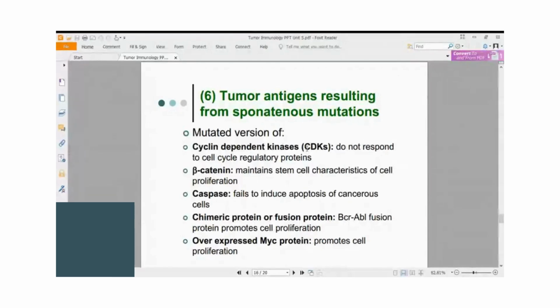I think you have done it in cell and developmental biology. These cyclin-dependent kinases regulate the cell cycle. They appear at different stages of the cell cycle. Some appear at G0 phase, some at G1 phase, some in between G0 and G1, some at G2, and some at M phase, and therefore the cell cycle is completed in a regulated manner.